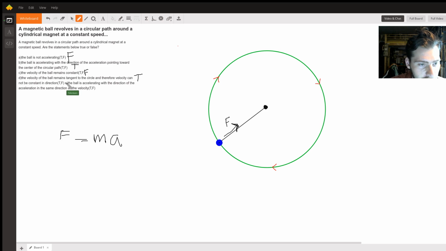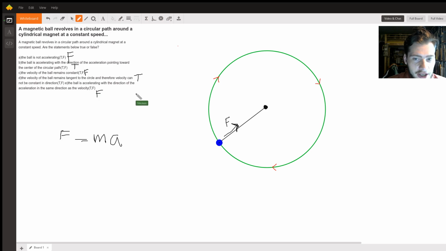And then part E, the last part, the ball is accelerating with the direction of the acceleration in the same direction as the velocity. That is false, because the only acceleration in this case is inward from that center-seeking force.